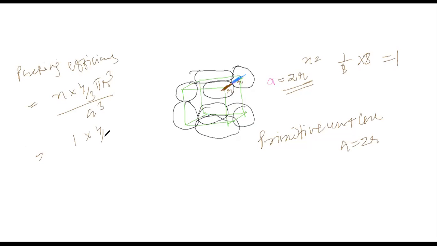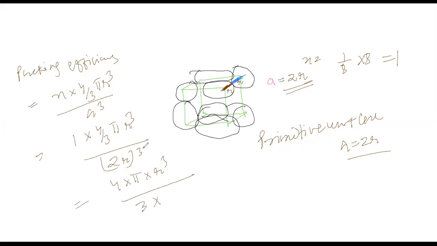So you will write 1. Then you have 4 by 3, then you have pi R cube, and for A you can write 2R cube. Ultimately you get 4 multiplied by pi multiplied by R cube divided by 3 into 2 cube, which is 8 and R cube. These R cube and R cube cancel out.